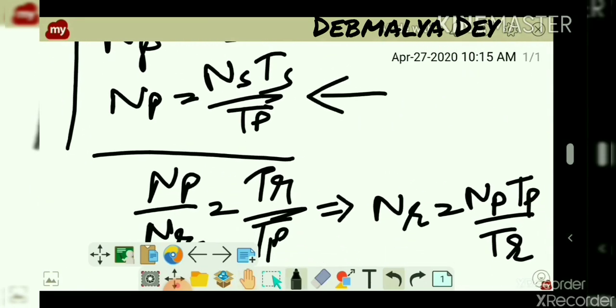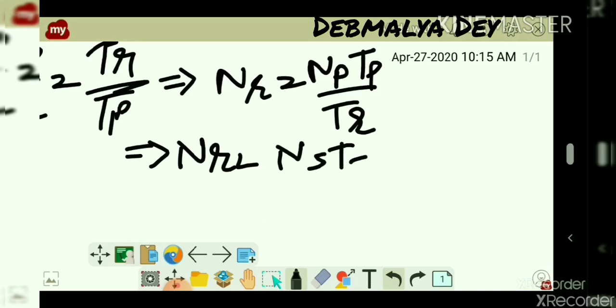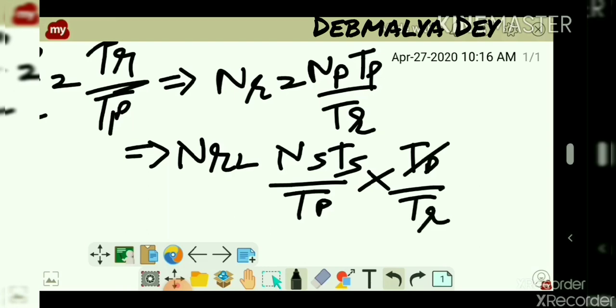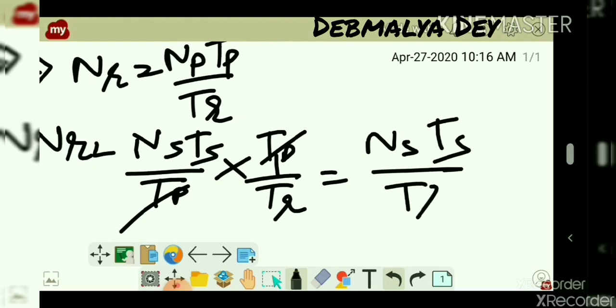If we substitute the value of np, ns ts by tp into tp by tr, tp gets cancelled, and this becomes ns ts by tr.